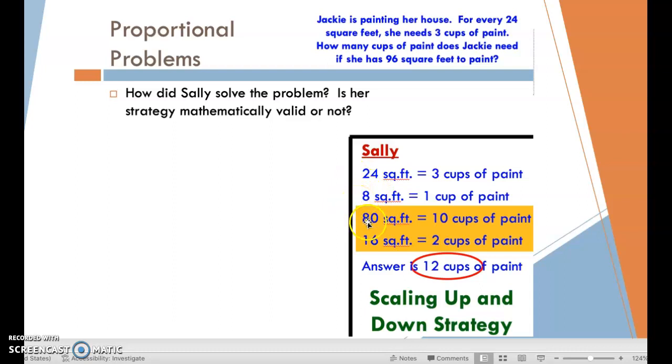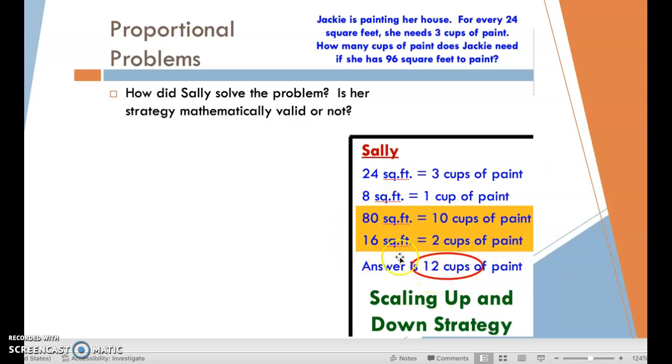So 80 square feet equals 10 cups. But we're not there yet. We're not to 96. So, mental math. What do I need to add to 80 to get to 96? Well, 2 times 8 is 16. So 16 square feet equals 2 cups of paint. So 10 cups and 2 cups equals 12 cups.